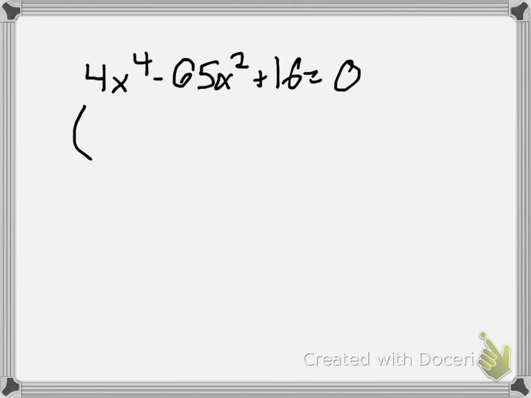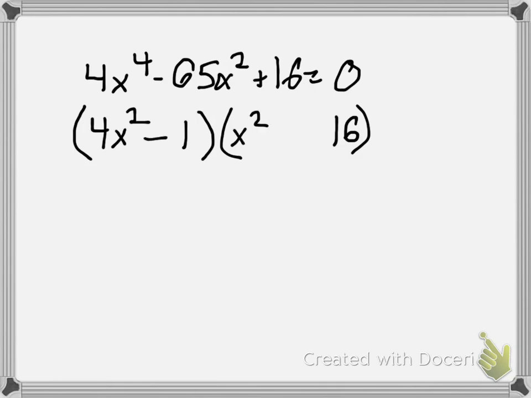Well, this one's a little bit tougher. This one you do have to think. But what is 16 times 4, guys? That's 64. So if I have 4x squared and I multiply it by 16 over here, that's going to give me 64, and I want negative, so this is going to be a 1, and this is going to be x squared. So this is going to be negative, and this is going to be negative.